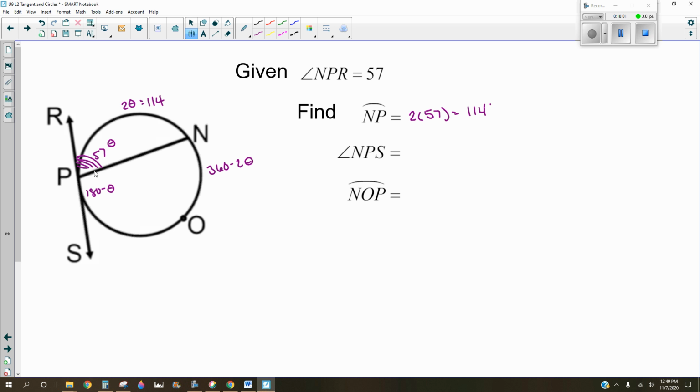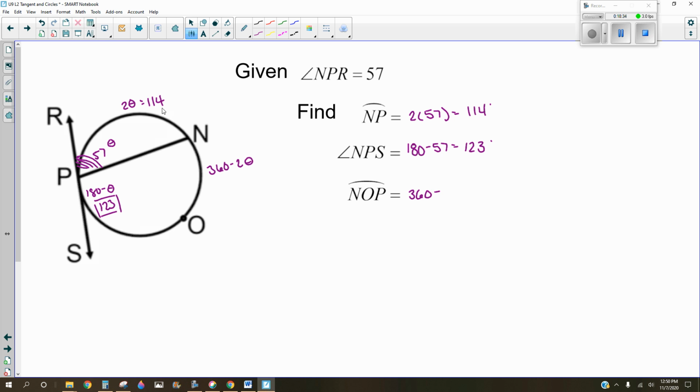Okay, angle NPS here on the other side is 180 take away that angle. So 123. And then arc NOP, this big arc, is 360 minus the 2 theta part. 360.